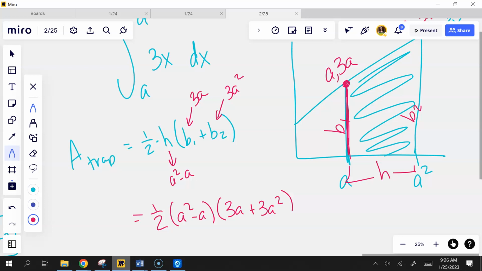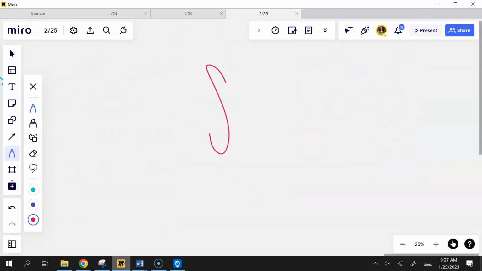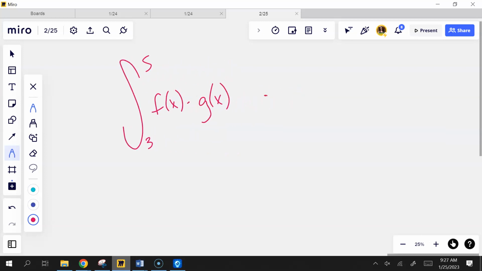Number 2 was intentionally there to trip you up, to make sure you knew all the properties of integrals. 2 cannot work because you can't split multiplication up. It might equal, but it doesn't necessarily equal. It does not always equal.